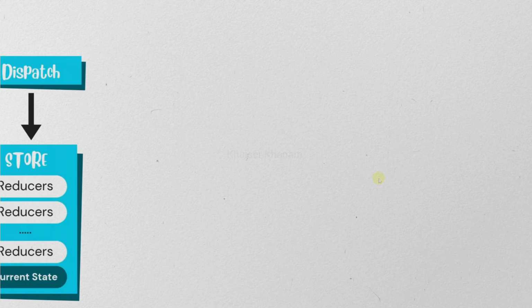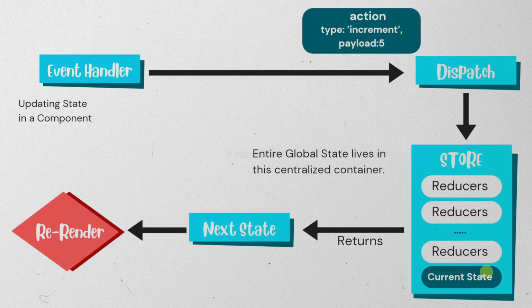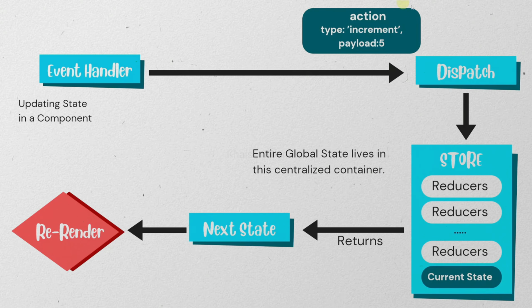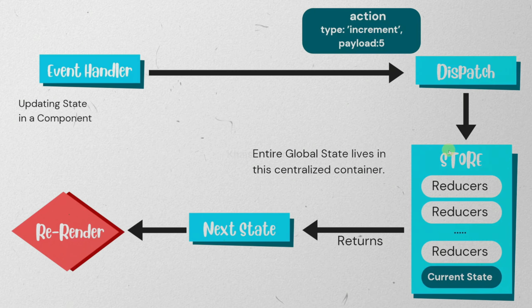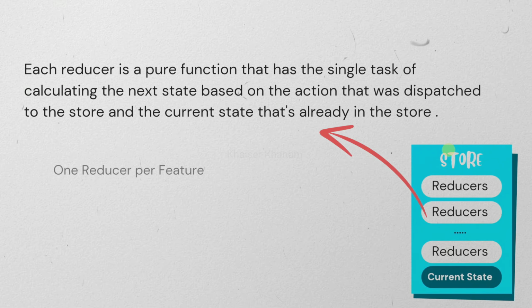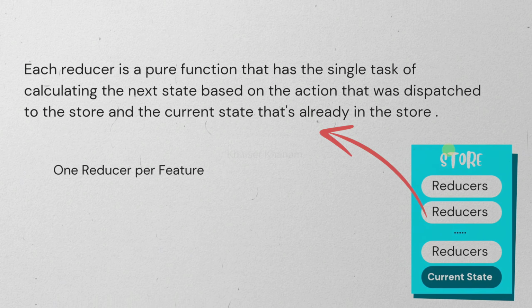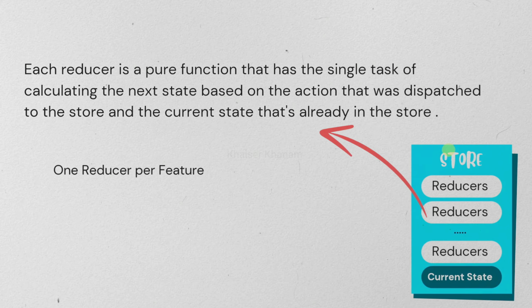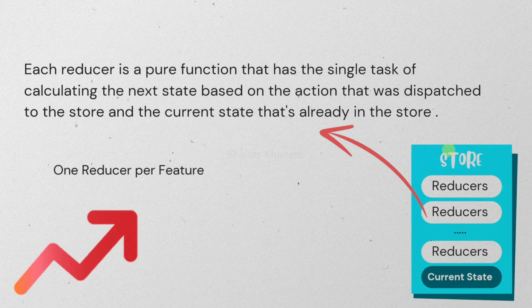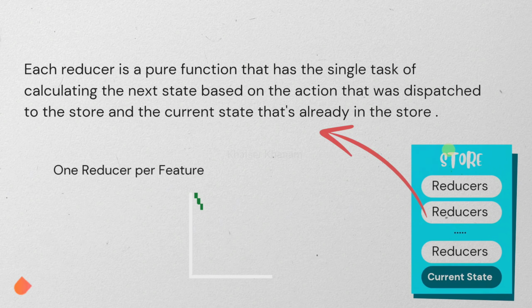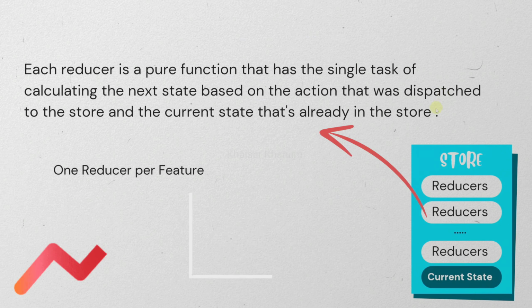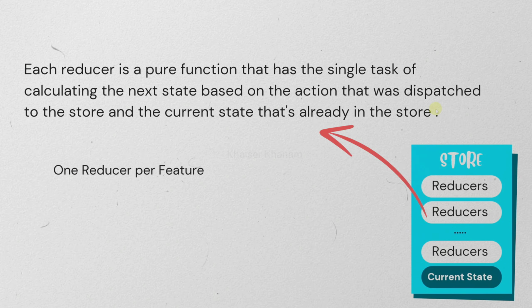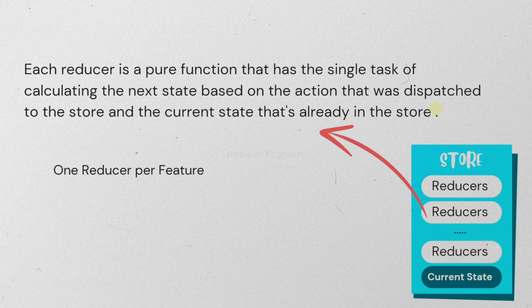If you see this diagram, inside this store we have the current state, and the action will be dispatched to the store, where we can have multiple reducers. The simple answer is that we should have one reducer per feature. If you want to increase, for that we can have one reducer. If you want to decrease, then for that you can create another reducer. That is the reason we have multiple reducers inside this store.